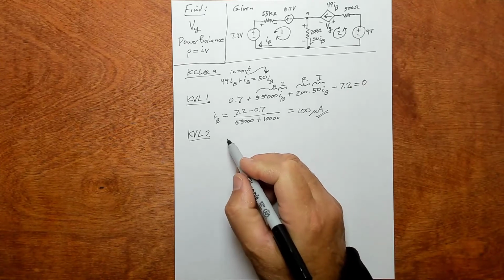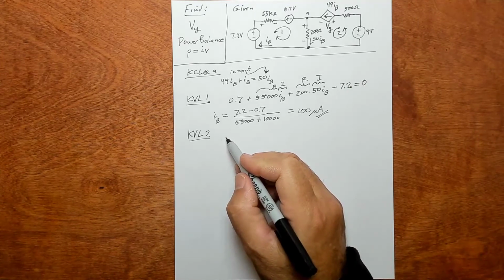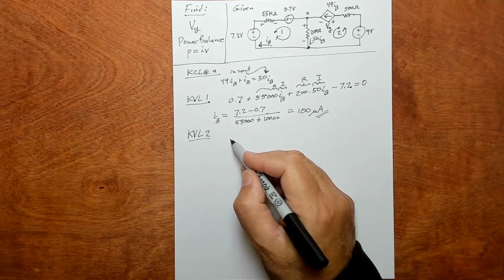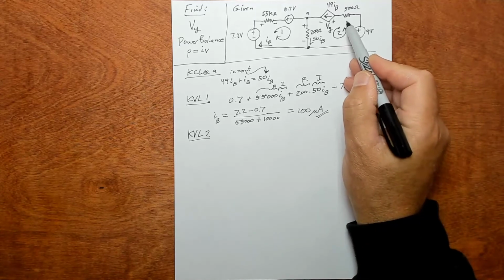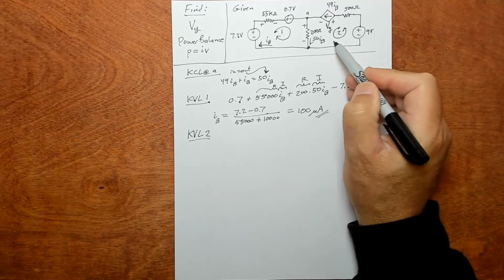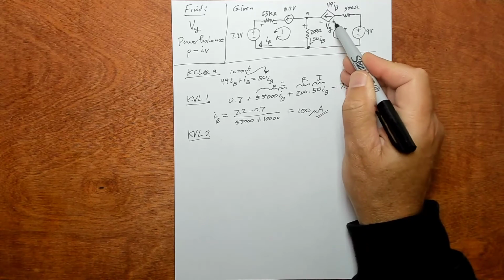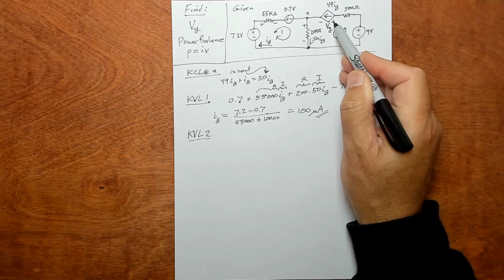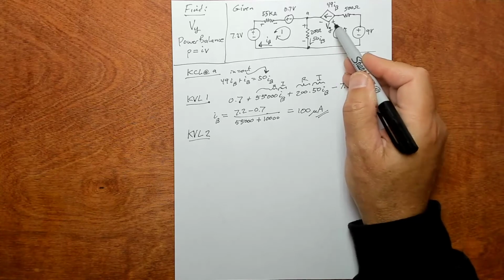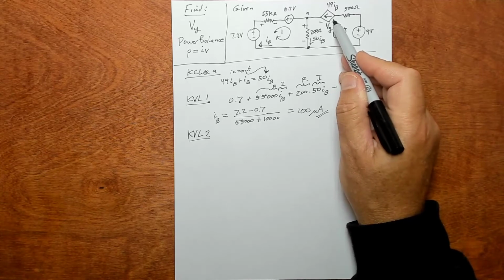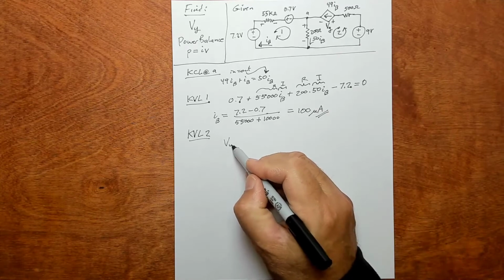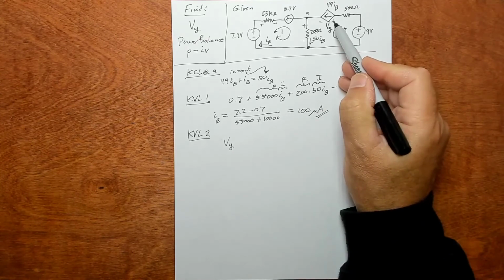But anyway, let's write the KVL2 here. Going around this way, I'm coming into the positive terminal on this and I'm summing voltages. So I can use Vy, because that's the voltage across this device. I'm coming into the positive terminal on this device, so it's positive Vy.